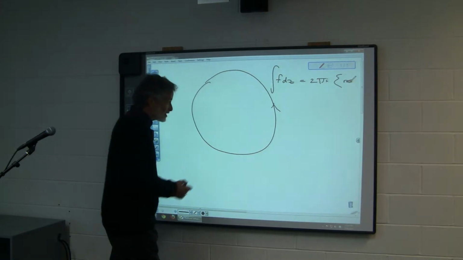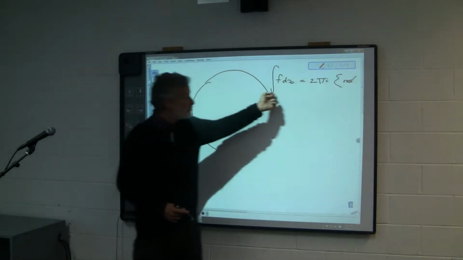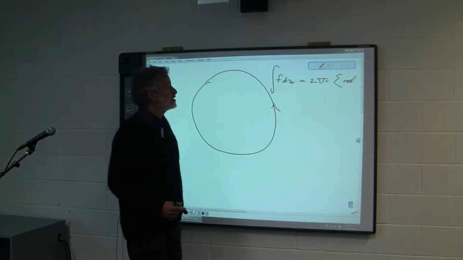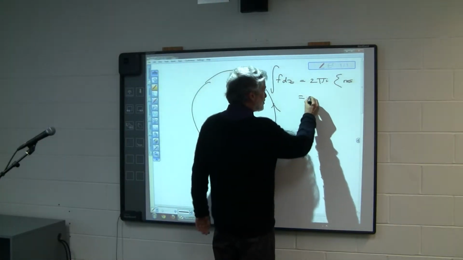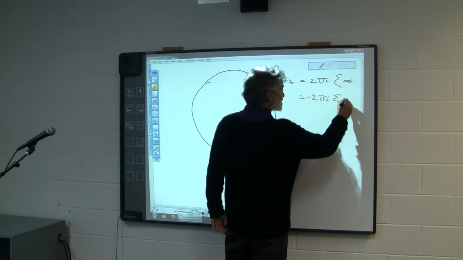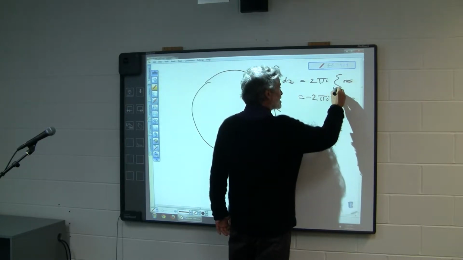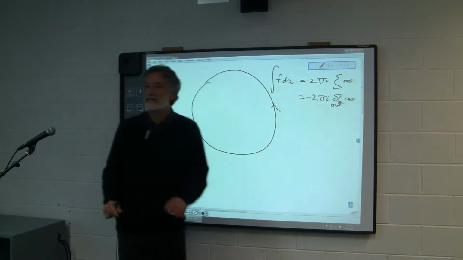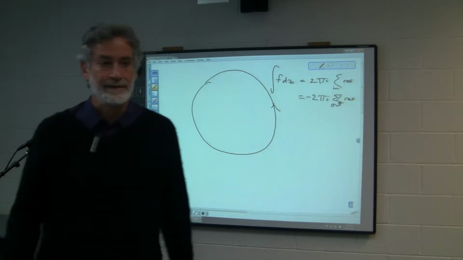So this contour integral is the sum of the residues inside the disk, but because of the orientation, it's also minus 2 pi i times the sum of the outside residues. So this is the inside residues, and these are the outside residues. So now I count all the residues outside, including at infinity.